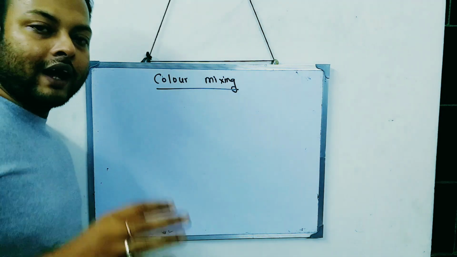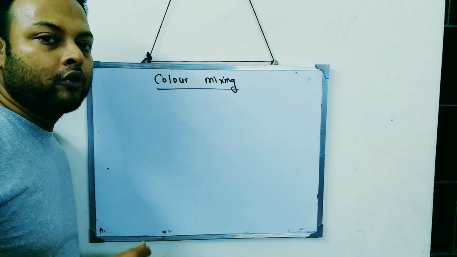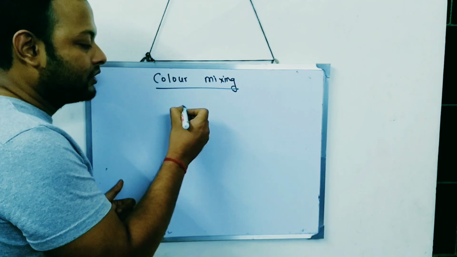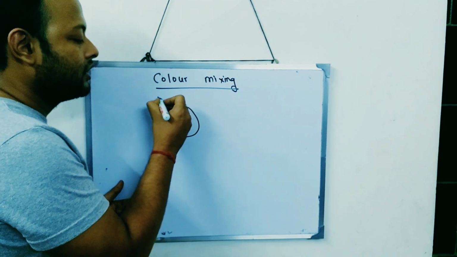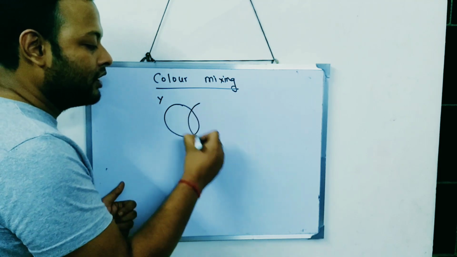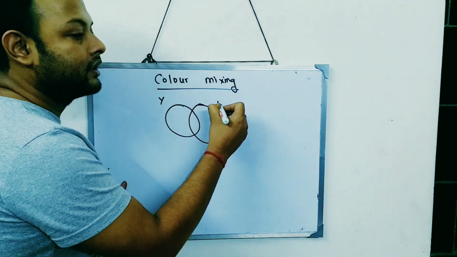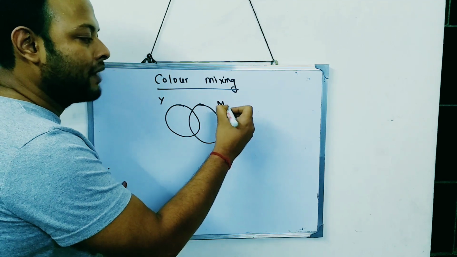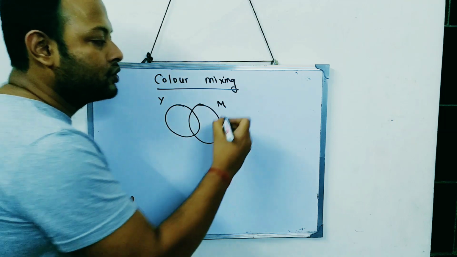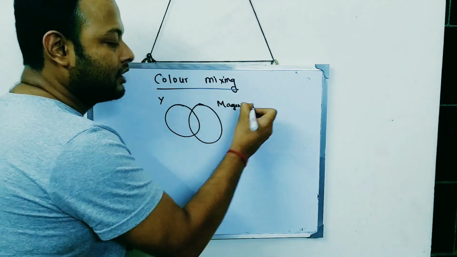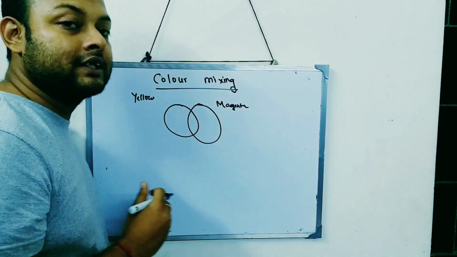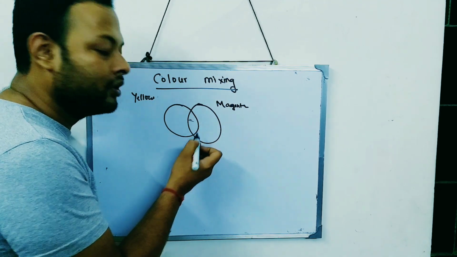I'll put a video at the end of this video to make this more understandable, but try to understand by the logic. Say I have a yellow and a magenta. So I've taken two secondary colors. If I combine magenta and yellow, what color will be in the middle?